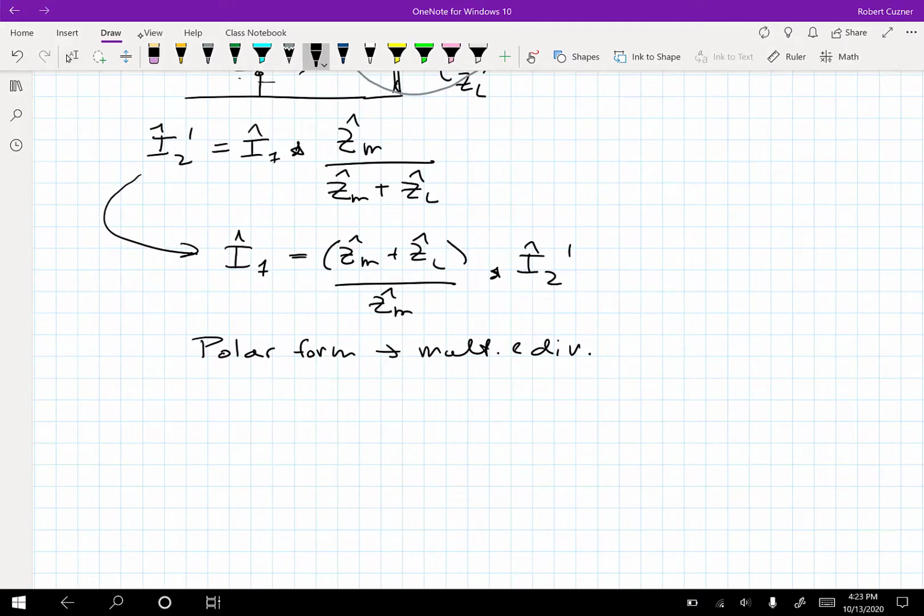To do addition, you want to put everything in Cartesian form. Going from polar to Cartesian cannot be avoided. So this is probably where it is going to take your time.